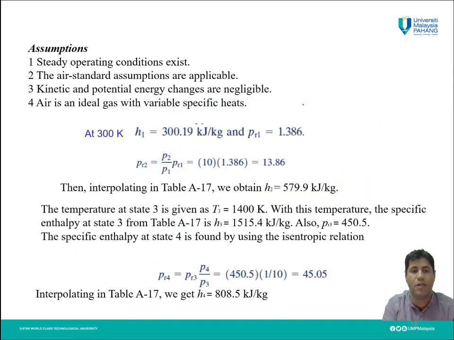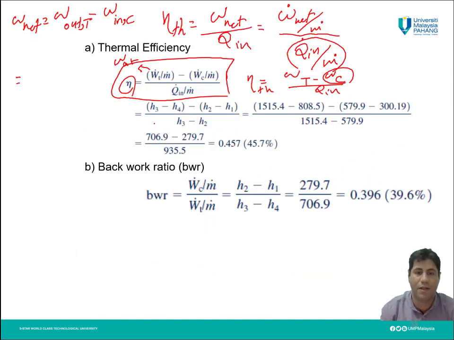This is what we have written here actually. So H3 minus H4, H2 minus H1, H3 minus H2. We need to have enthalpies for all of the four states in the cycle to be able to calculate thermal efficiency in this cycle.